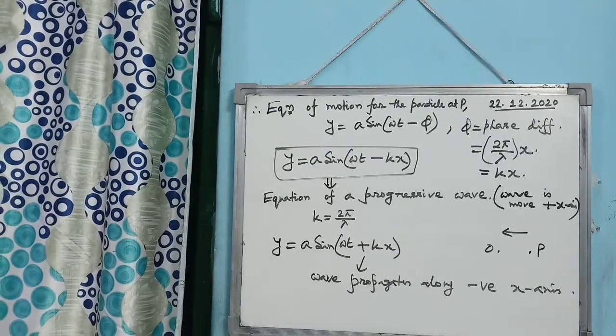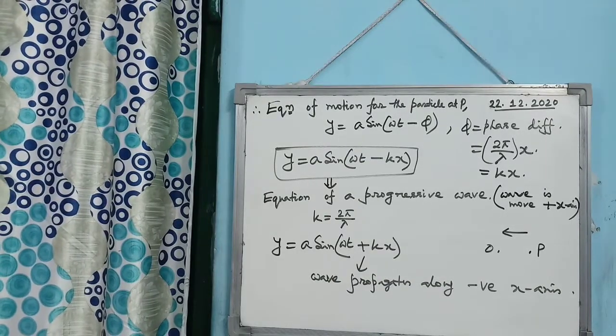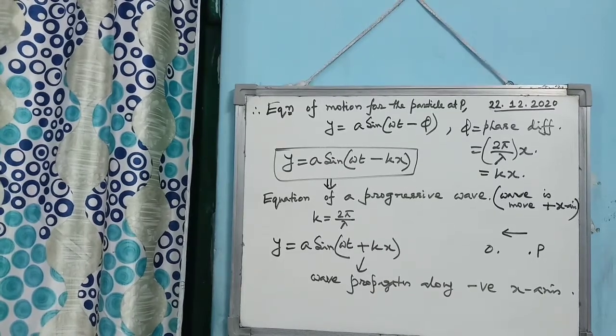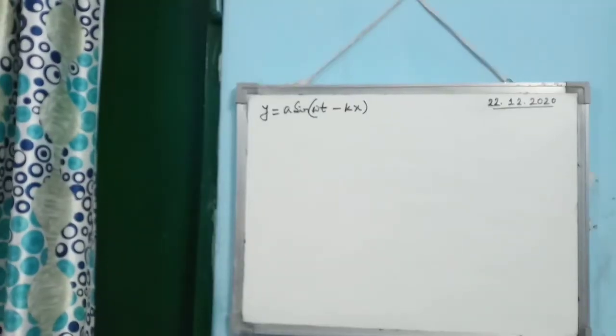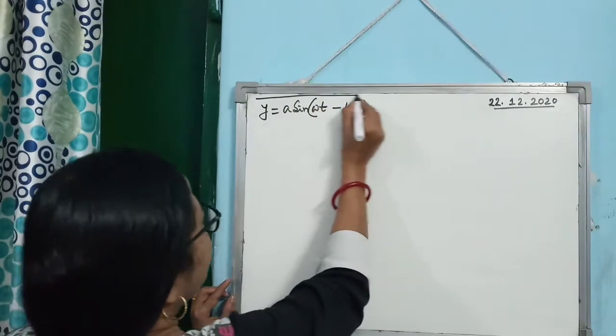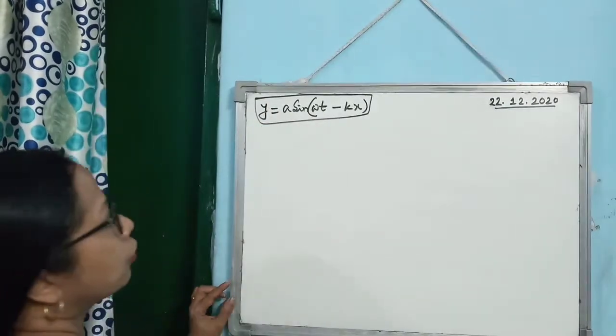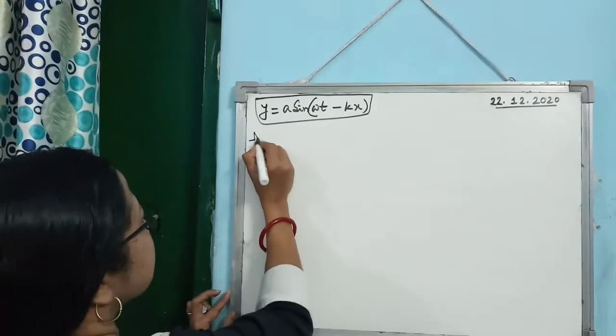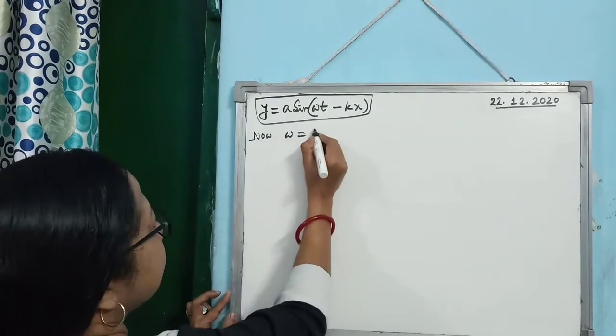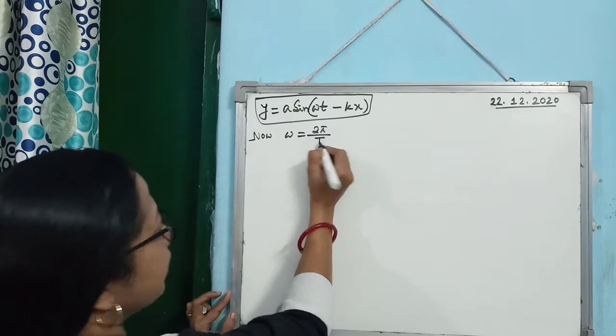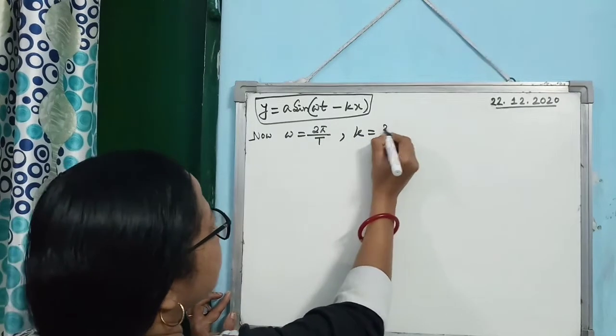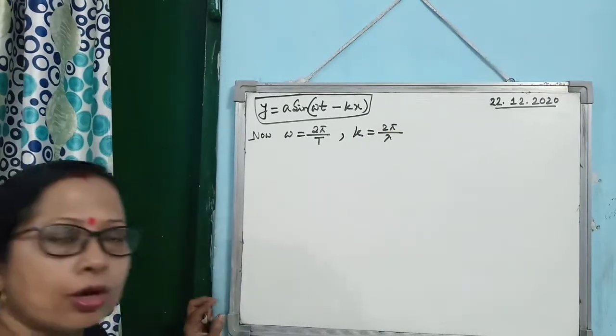Now there are certain other forms of the same equation. This is the basic equation of a progressive wave: y is equal to A sine omega t minus kx. Now you can write omega as 2 pi by T, and k is equal to 2 pi by lambda, all of which we know.